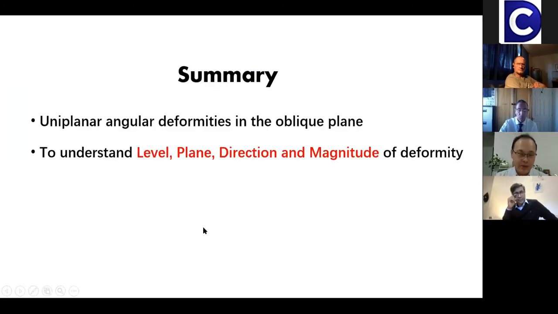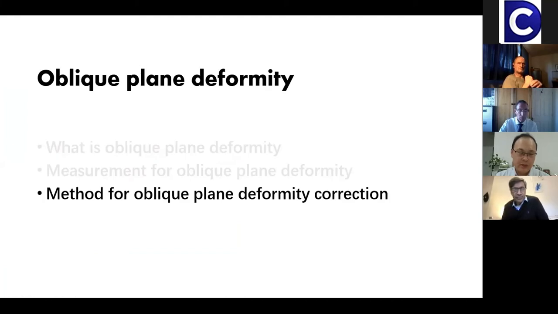So in summary, we can see the oblique plane is a uniplanar angular deformity, not biplanar. To understand the level, plane, direction, and the degree of the deformity is very important before we perform the surgery. So this is the second part.